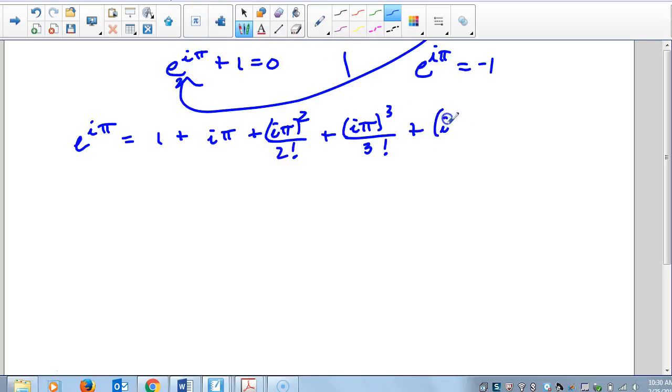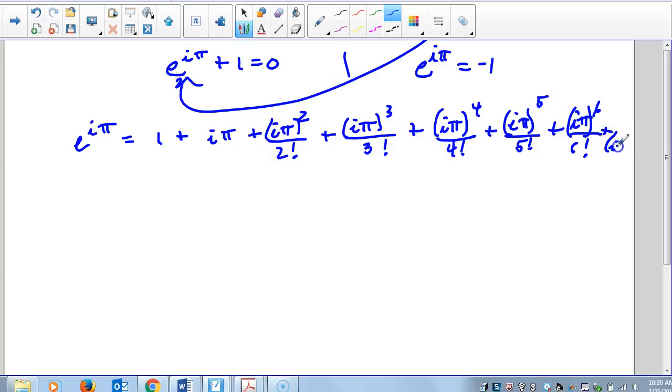Plus (i pi) to the 4th over 4 factorial, plus (i pi) to the 5th over 5 factorial, plus (i pi) to the 6th over 6 factorial. And I'll squish in (i pi) to the 7th over 7 factorial. You can see that pattern just keeps on going.